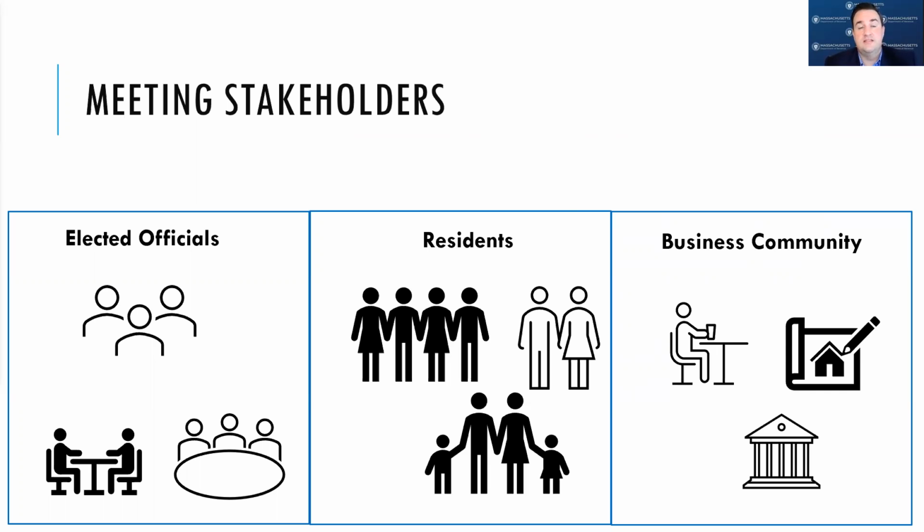Businesses look at these types of arrangements too. So a shift in the tax rate could impact residents and businesses. The elected officials are who you're presenting to, but it's important to realize that you might have to include different things for residents or the business community to explain complex classification hearing terminology or scenarios.